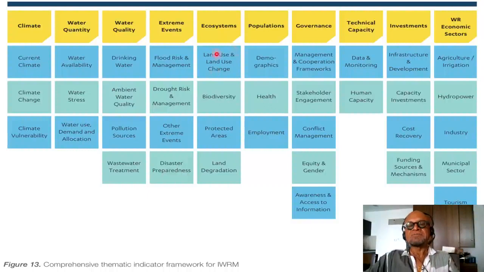And ecosystems, land use and land use change, agriculture, deforestation, urbanization. Biodiversity is important in climate change because you are going to have loss of biodiversity directly via human activities versus climate change impacts.